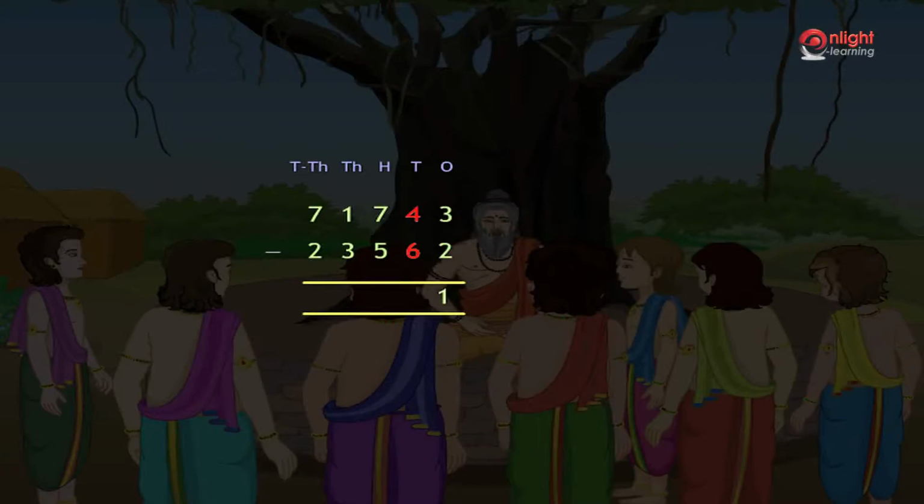In tens place, the numbers are 4 and 6. 6 is greater than 4, so we need to borrow from hundreds. Hence, 7 in hundreds becomes 6 and 4 in tens becomes 14. Now doing 14 minus 6, we get 8. Subtracting hundreds place, that is 6 minus 5, we get 1.